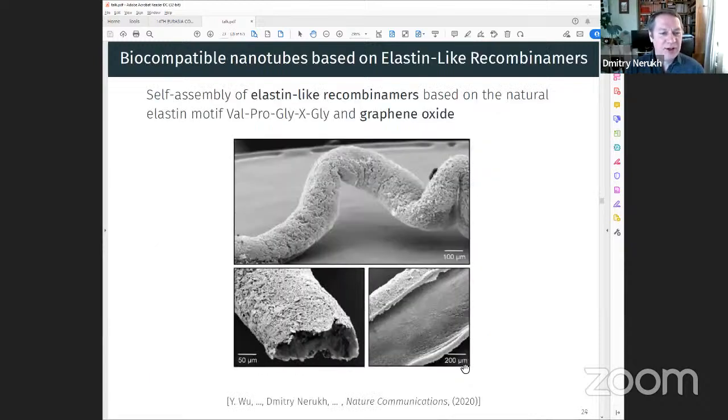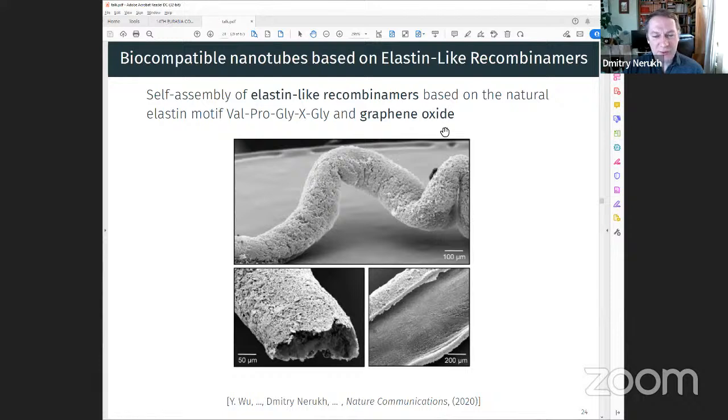Another application is the development of the so-called nanotubes, which is a composite material made of small proteins, small peptides rather, and graphene oxide.